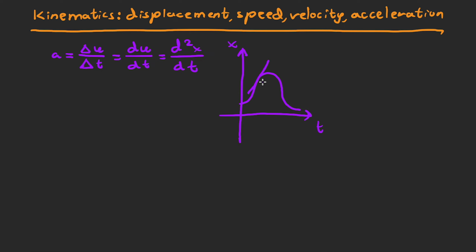which visually could be represented by the slope of this position graph at any time t0. And if we measure all of these slopes for all time frames, we can have ourselves a speed to time graph.